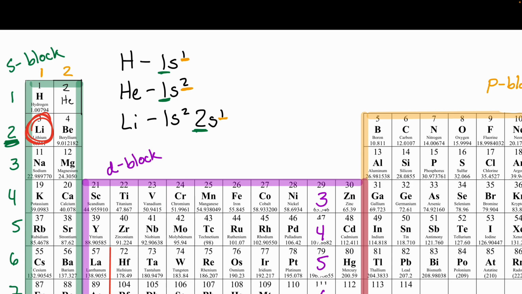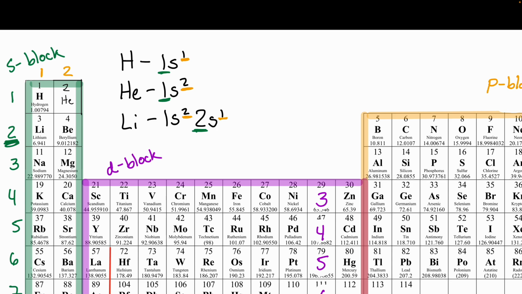So how do I finish this off? It's also going to contain everything that came before it. And what comes before 2s is that whole 1s row. Lithium is element 3, so it's going to include the orbital that came before it on the periodic table, the 1s orbital. And since we're past it, it has a full 2s orbital.